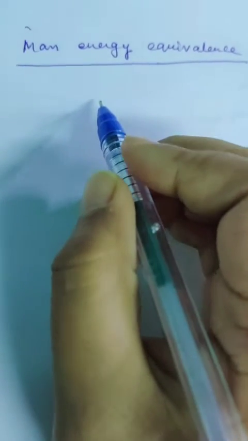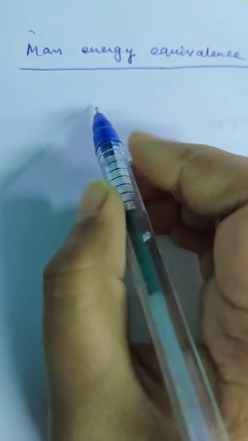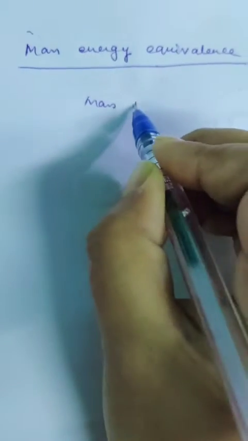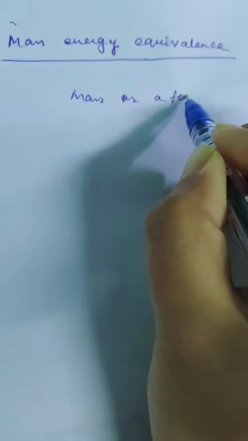So next we will study mass energy equivalence. So what do we mean by mass energy equivalence? Einstein showed from his theory of special relativity that we can treat mass as a form of energy.